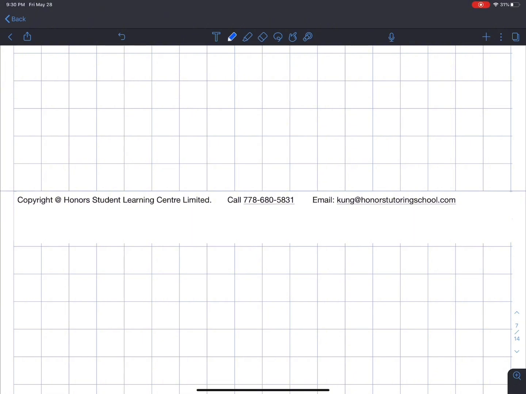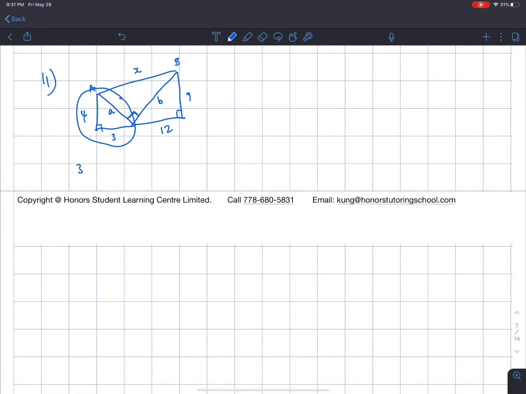Question 11. Find the length from A to B. We'll call that X, and then I'll call this A and B. So first, from this little right triangle here, we can say 3 squared plus 4 squared equals A squared.